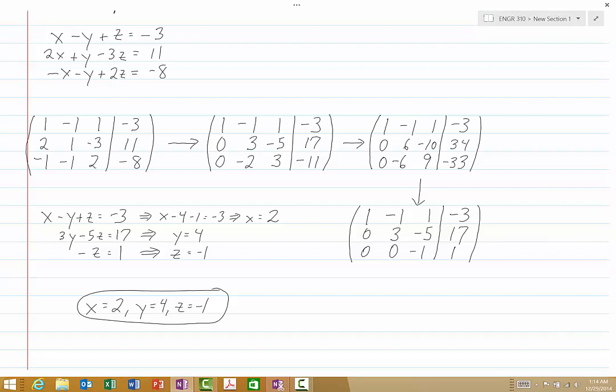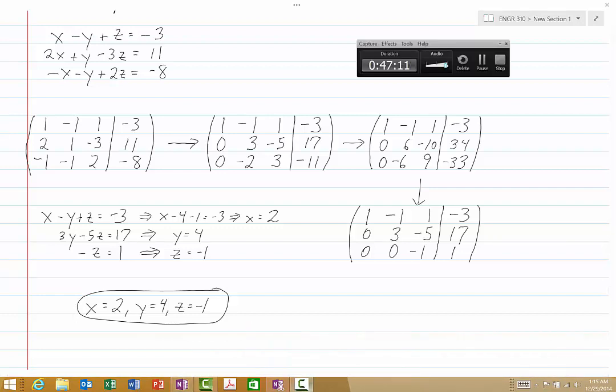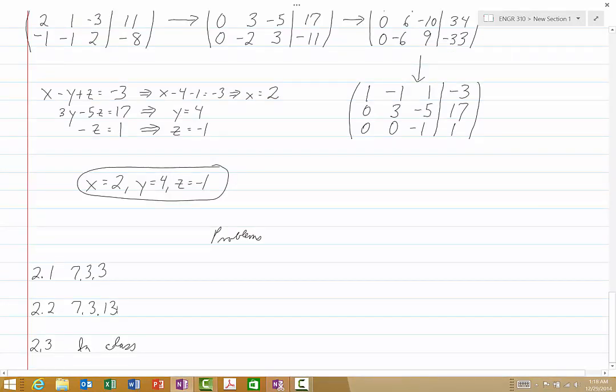And now let's look at some problems for this lecture. Okay, the in-class problems for this lecture will be, the first one, 2.1, will be problem 7.3.3 from your text.